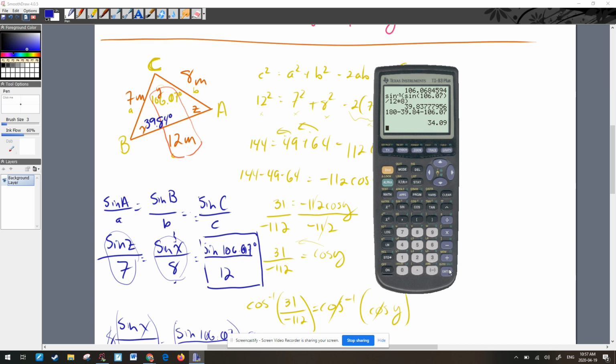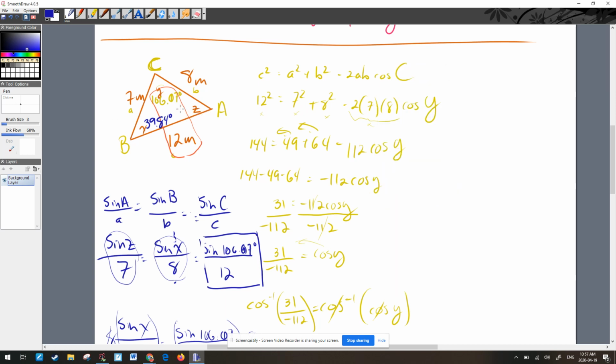And what we're going to get is 34.09 degrees for this one. So this is 34.09 degrees. Okay, and there we go. We have solved that triangle. Okay, so that's it for this one.